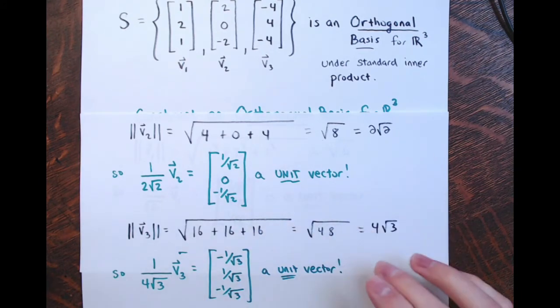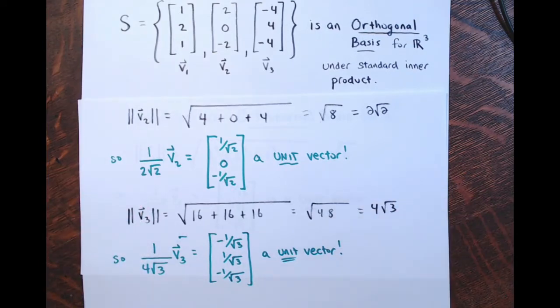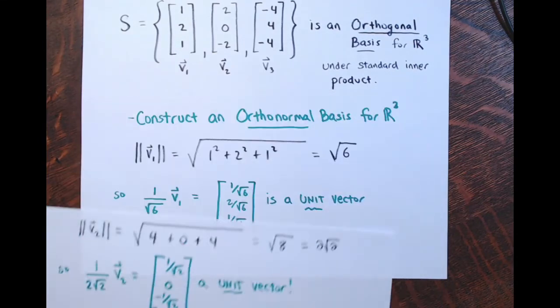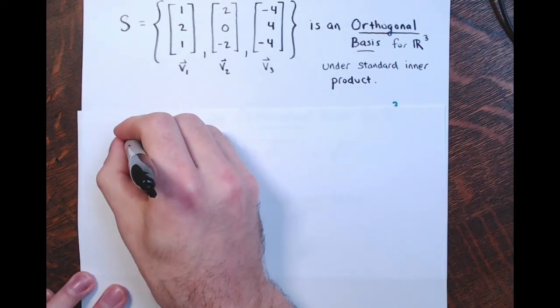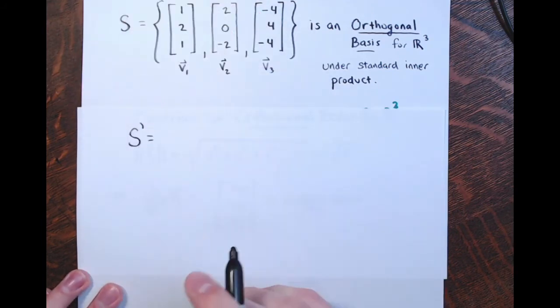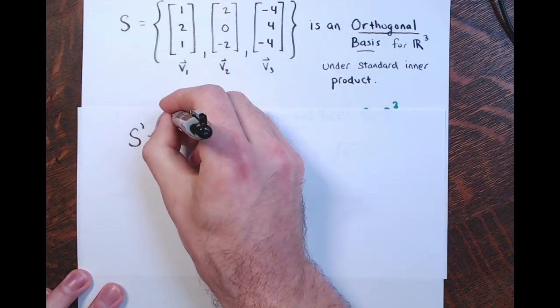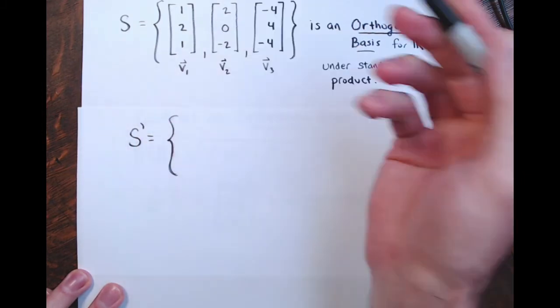And then putting all these together, we get our normalized set. All right, so this set here, which they're calling S prime, because it's coming from S, but it's different from S, has just the normalized vectors from this orthogonal set.